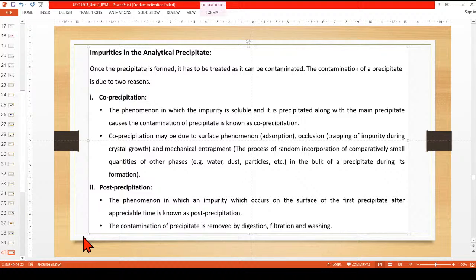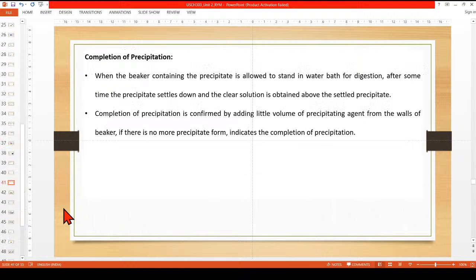During the precipitation mechanism there were no impurities, but they come after precipitation, so therefore they are called post precipitation methods of involving impurities. And of course you can remove those during the process of washing.